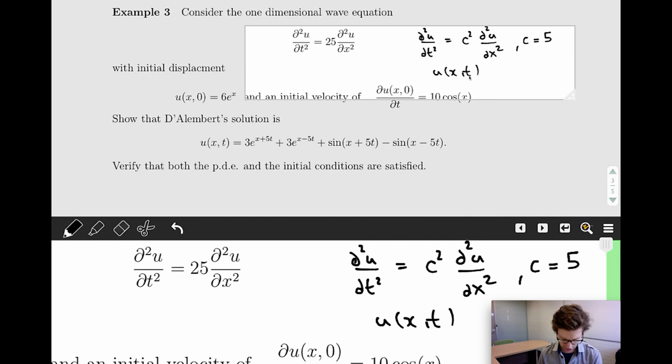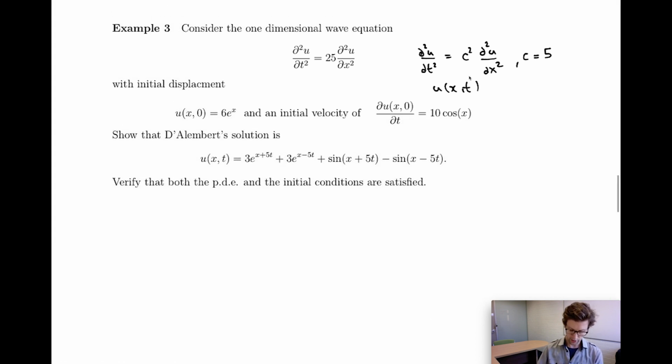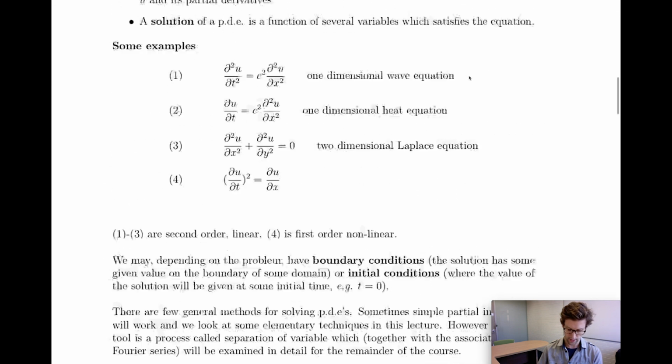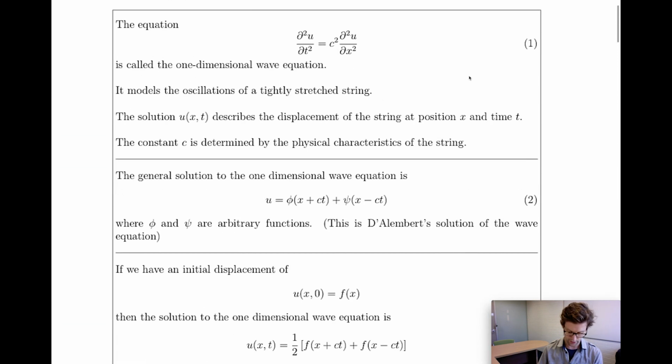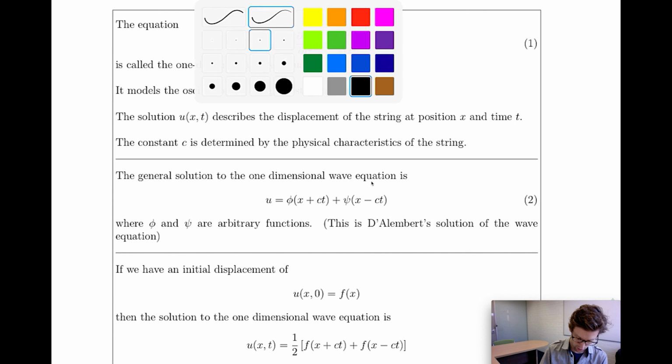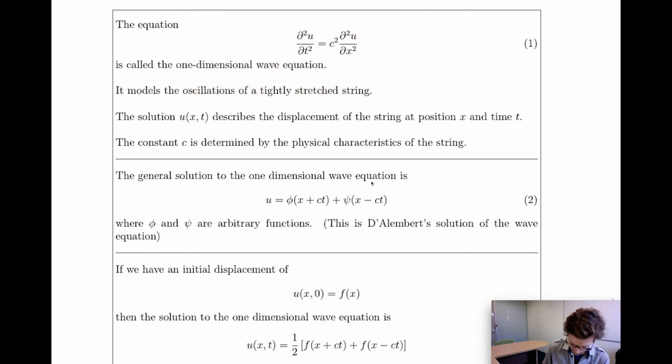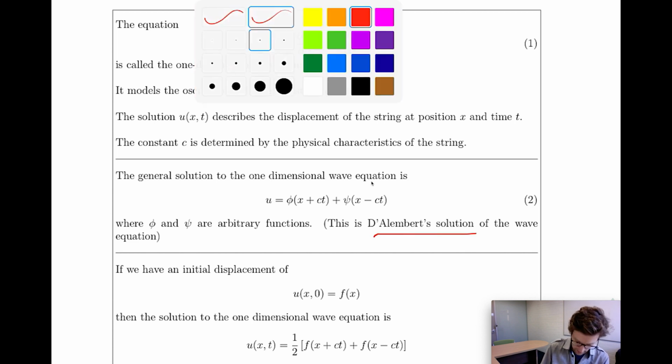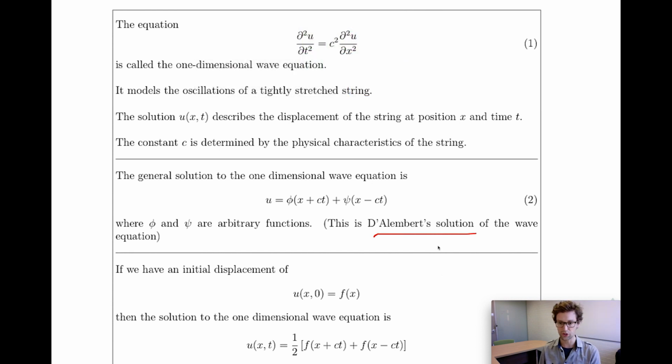Now we're going to use D'Alembert's solution to solve this one-dimensional wave equation. Let's take a look at it. It's given at the front page of your notes today. This is the general solution of the one-dimensional wave equation, and again, it's called D'Alembert's solution. This is not going to work in all situations. It's only going to work for the one-dimensional wave equation when I have an infinitely long string.